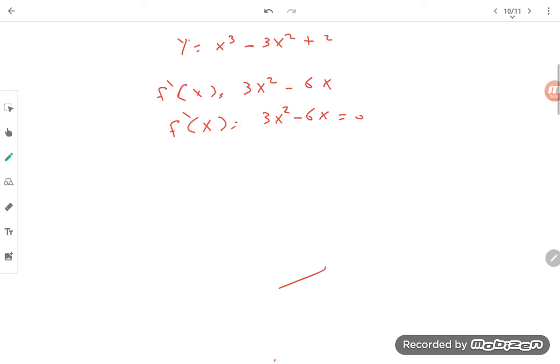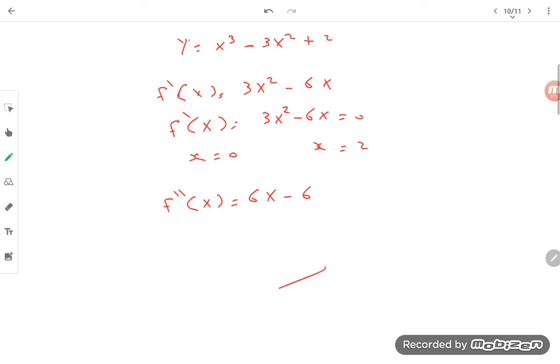So x will be 0 or 2. So we have to find the second derivative. It will be 6x minus 6.